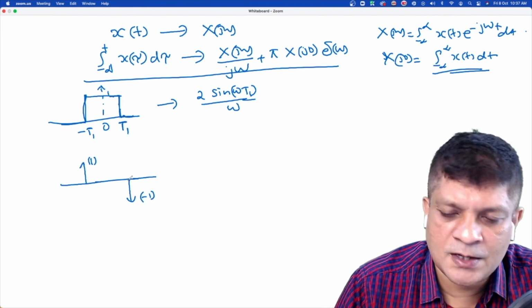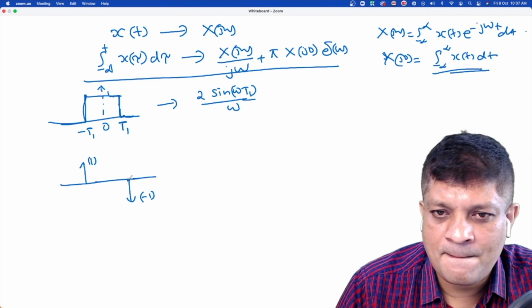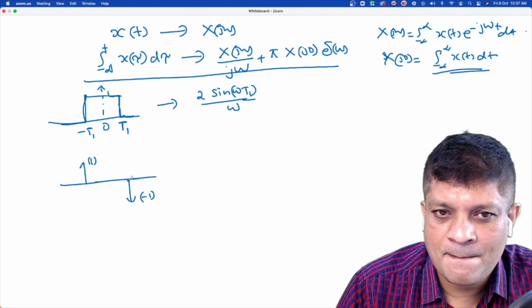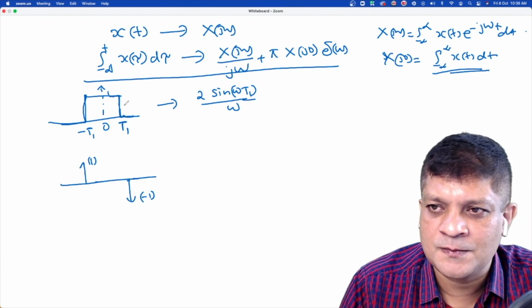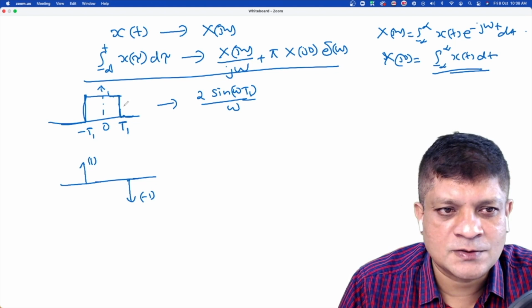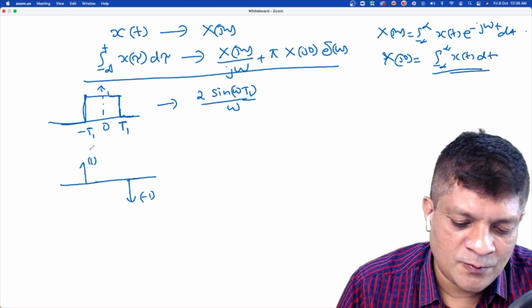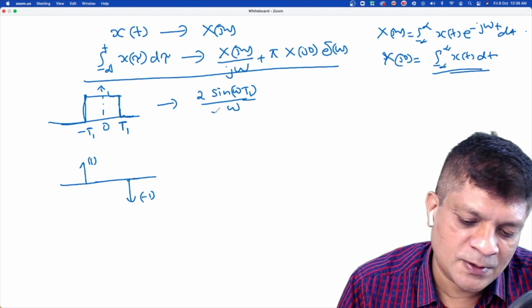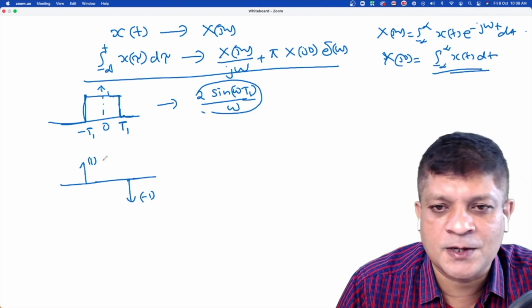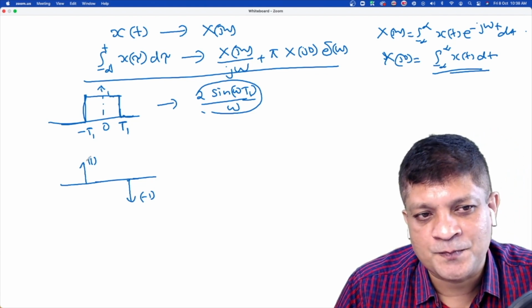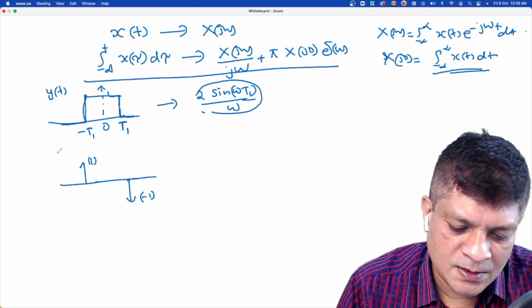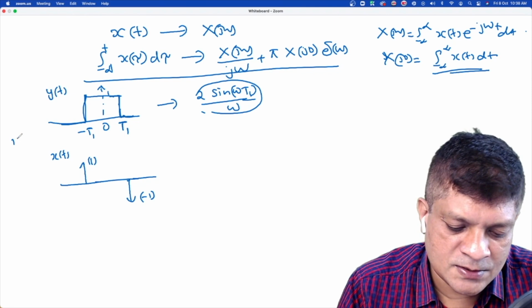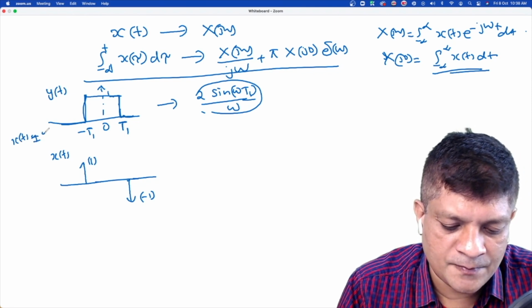Is this the integral of this? If you integrate this, will you get this? Yes. So we should be able to prove this result starting from here, isn't it? Let us consider this as y(t) and this as x(t), where x(t) is equal to the derivative of y(t).